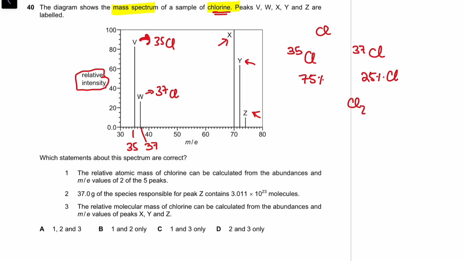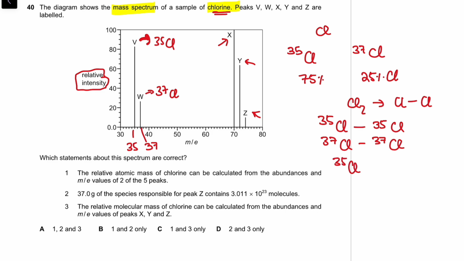So Cl2 is just 2 Cl atoms bonded to each other. But there are multiple options: you could have 35 Cl bonded to 35 Cl, 37 Cl bonded to 37 Cl, or 35 Cl bonded to 37 Cl. And this represents those peaks.